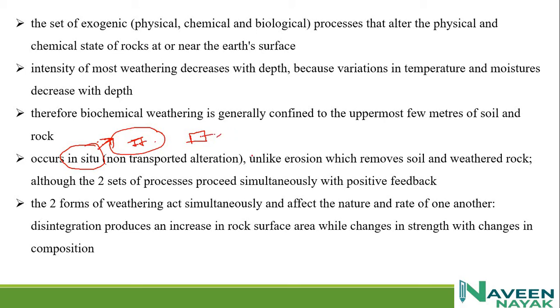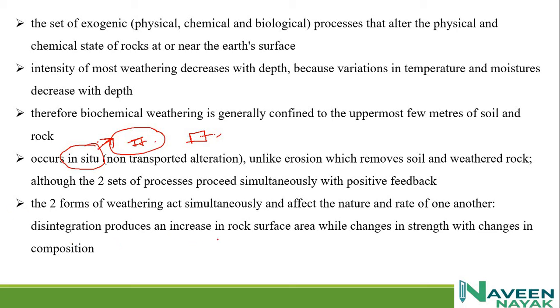Unlike erosion, which removes soil and weathered rocks, although the two sets of processes proceed simultaneously with positive feedback, the two forms of weathering act simultaneously and affect the nature and rate of one another.